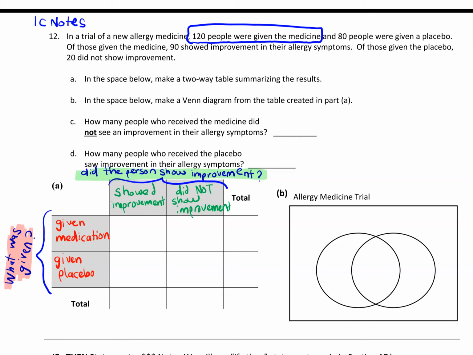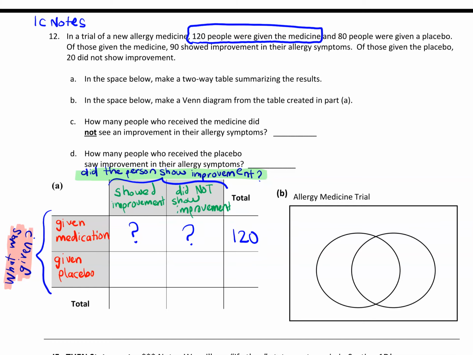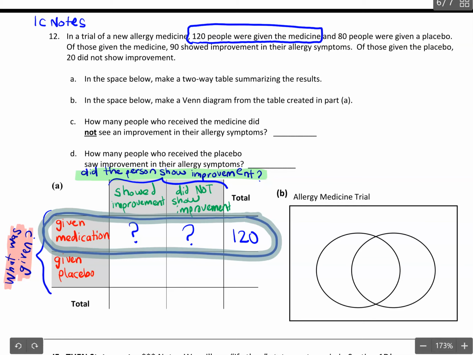I just know they were given the medication. Everyone in this first row was given the medication. Some of those people showed improvement, some did not, but everyone got medication. So that 120 is a total. So I'm going to put 120 people in my total column and my given medication row.